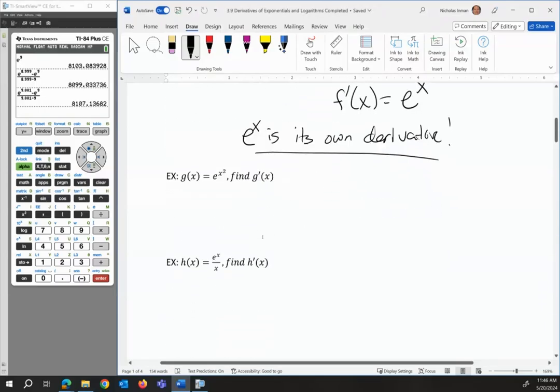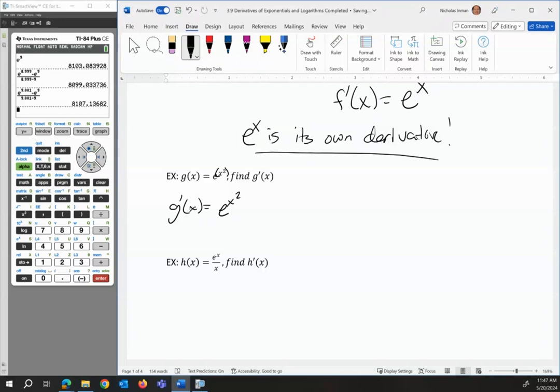But if we just need to use it to do something like the derivative of e to the x squared, I guess parentheses should be around that exponent. Well, the derivative of e to the x is e to the x, so that's the fun part.